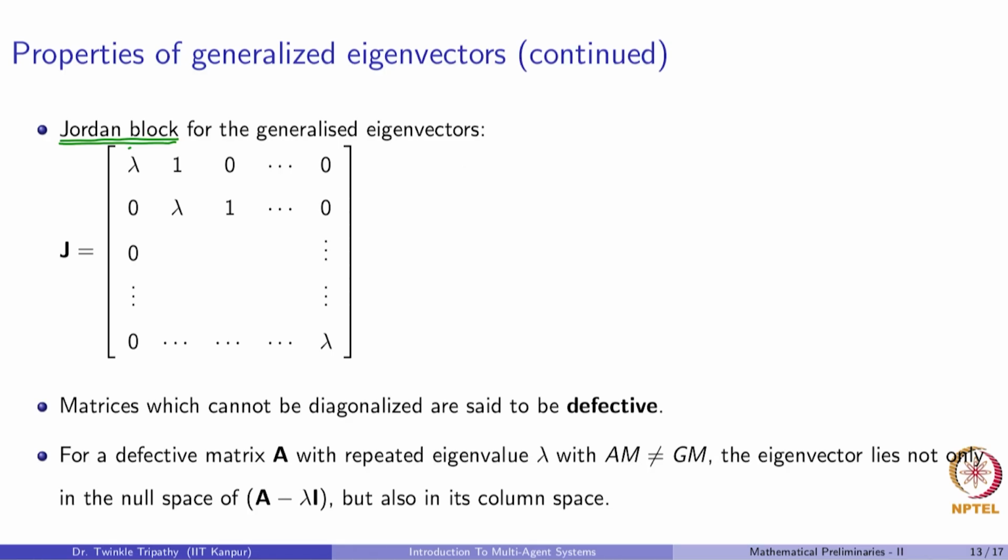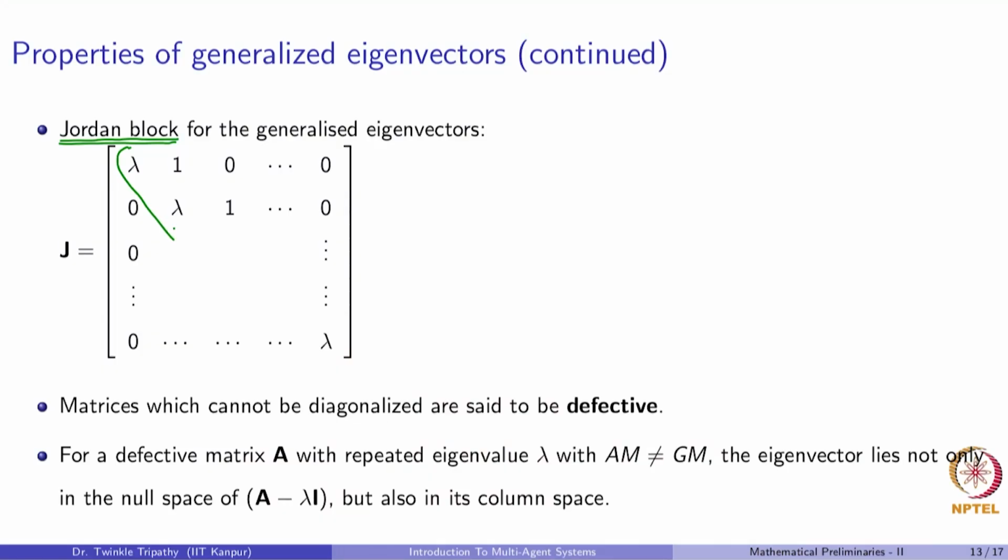In the case of repeated eigenvalues, if the eigenvalue is repeated k times and we are not able to calculate k linearly independent eigenvectors, then we compute the generalized eigenvectors, which leads to a Jordan matrix where the diagonal entries are nothing but the eigenvalues lambda, and the superdiagonal element is always equal to 1.